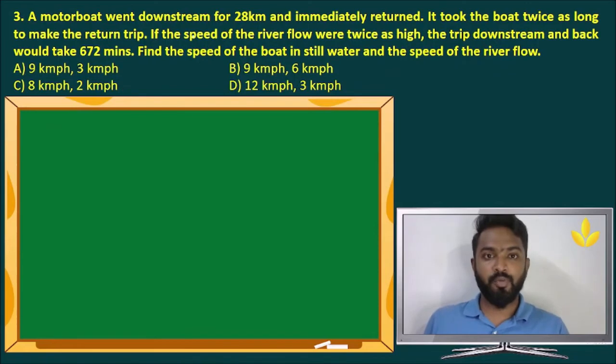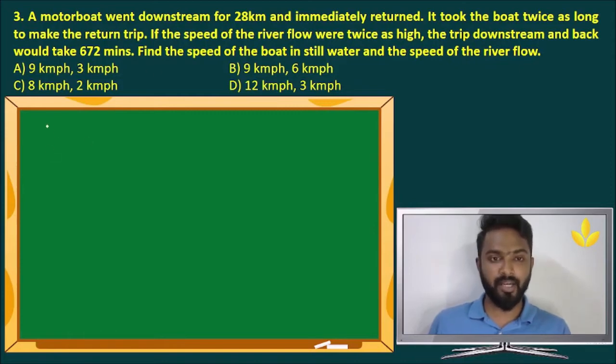A motorboat went downstream for 28 kilometers and immediately returned. That means that the distance traveled in both the cases is same. It took the boat twice as long to make the return trip. That means time taken for upstream equals twice the time taken for downstream. Time is nothing but distance by speed.